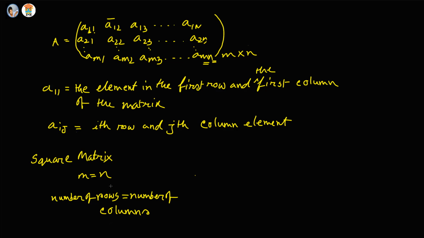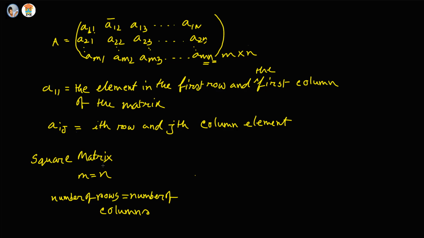So if number of rows is 2, then number of columns will be 2. It will be a 2 by 2 matrix. If the number of rows is 7, for example, the number of columns for this matrix will be 7 to be a square matrix.